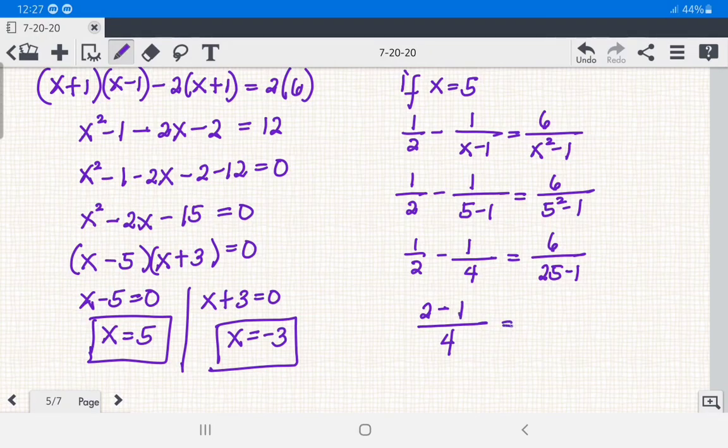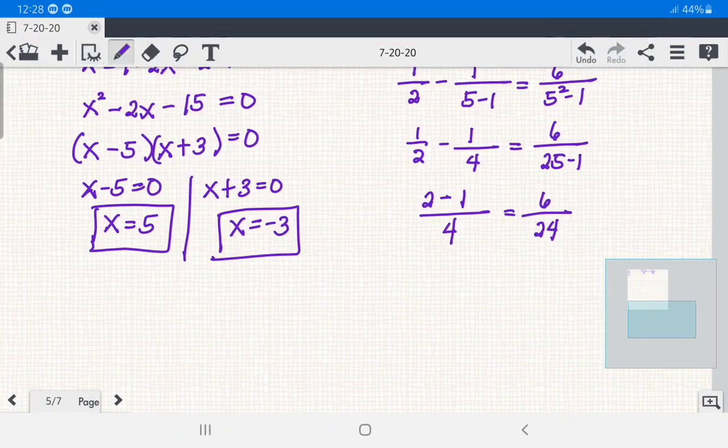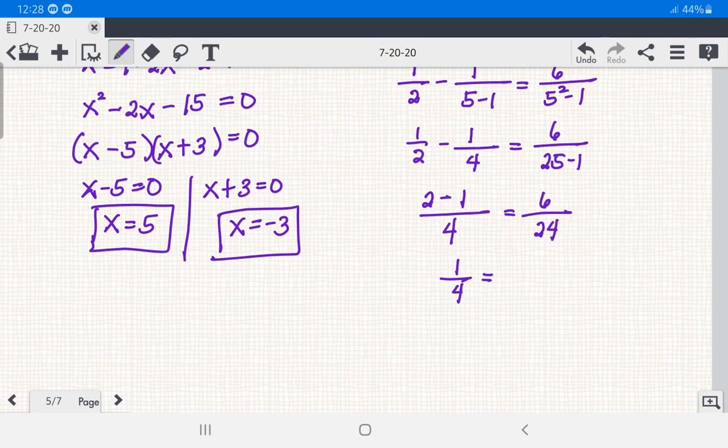Then, equals to 6 over 25 minus 1, we have 24. Okay? So, 2 minus 1, we have 1 over 4. Then, equals to 6 over 24, lowest term is 1/4. Okay, so they are equal.